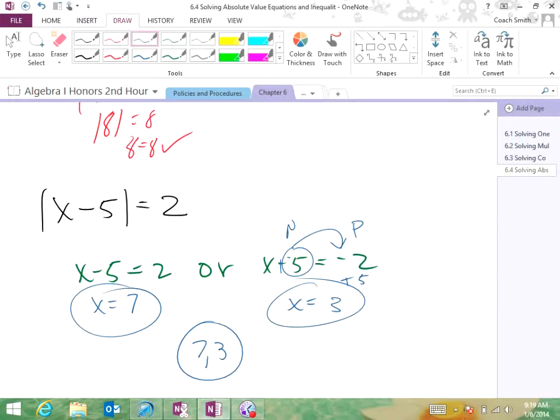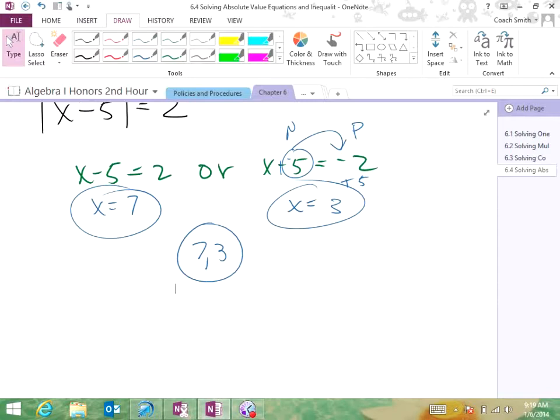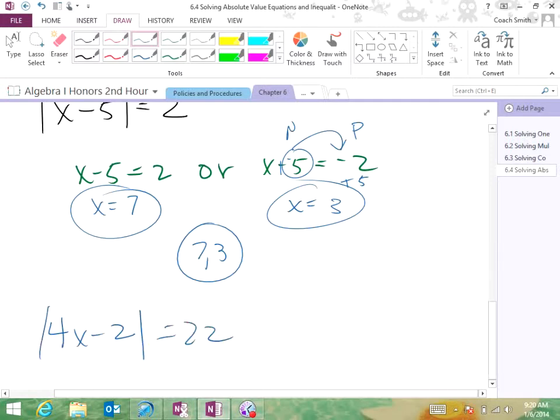Now, it does not change if you have decimals. It doesn't change if you have multiple steps in the equation. For example, if I have the absolute value of 4x minus 2 is equal to 22, it doesn't change how you start the problem.